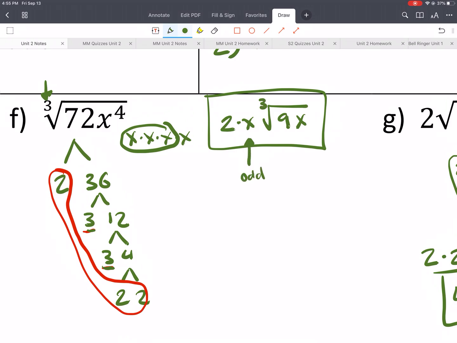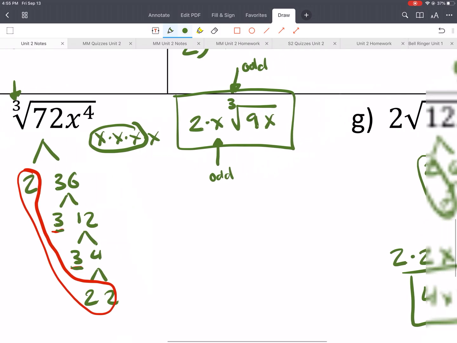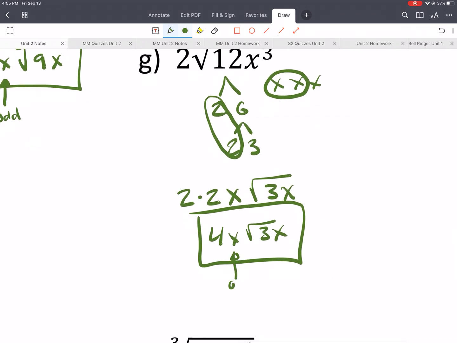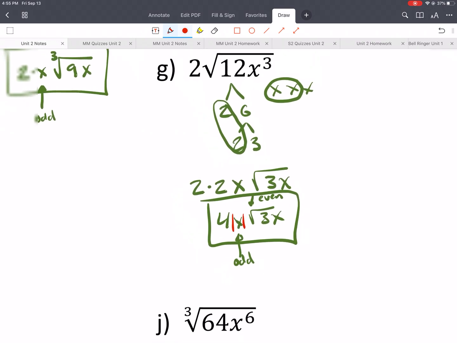Oops, and I forgot it there. But the root is also odd, so we don't need it. All right, but this one, we have an odd exponent, it would be a 1, and we have an even root. So here we would have to have an absolute value over that x.